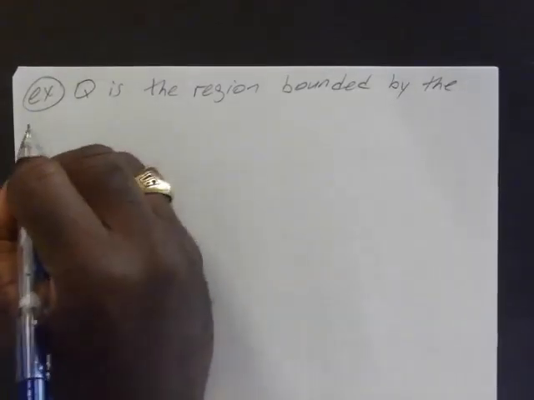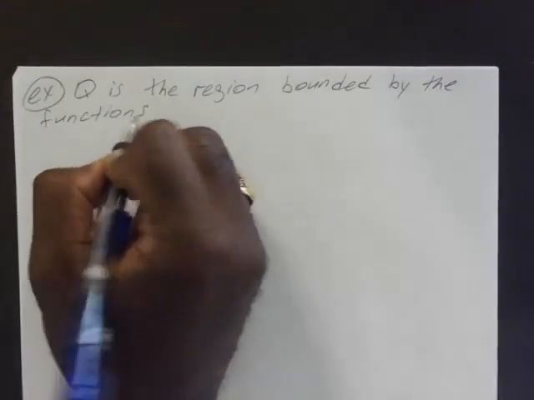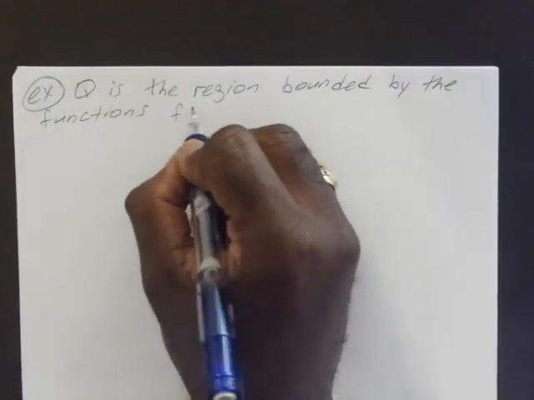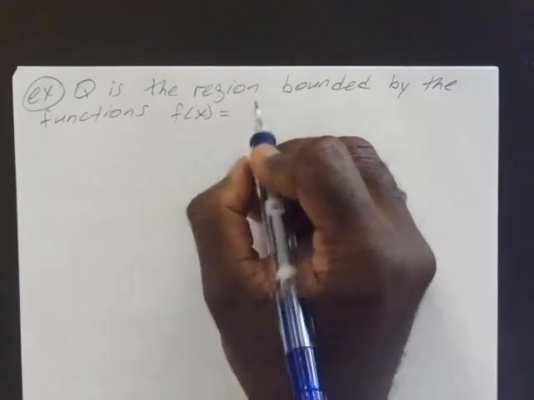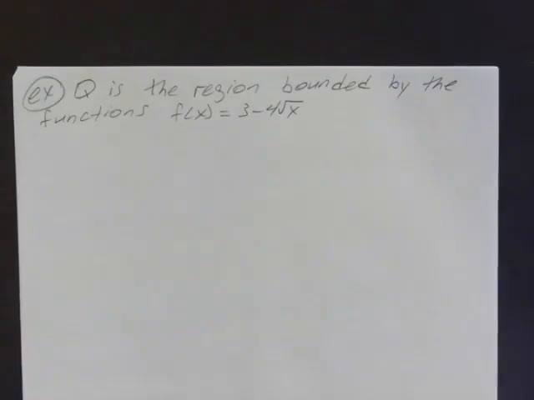Okay, so Q is a region bounded by the functions f of x equals 3 minus 4 times the square root of x.